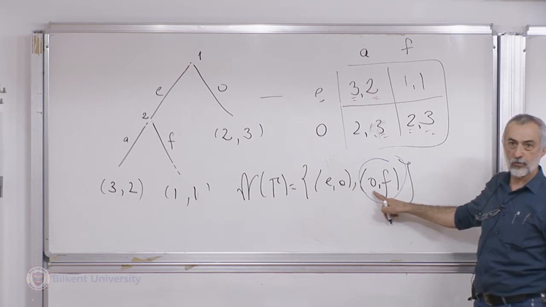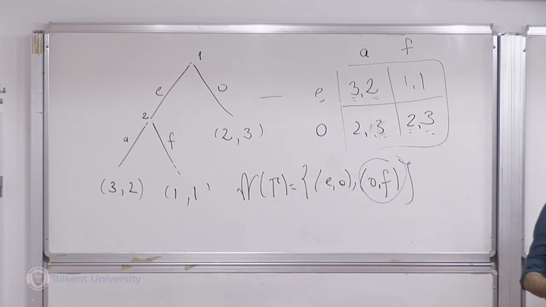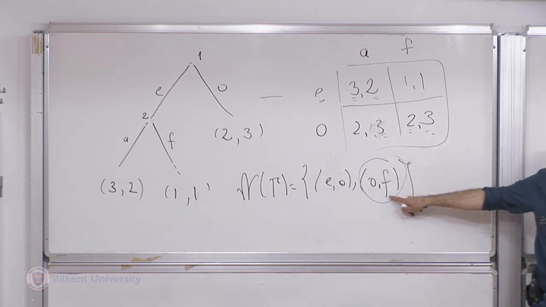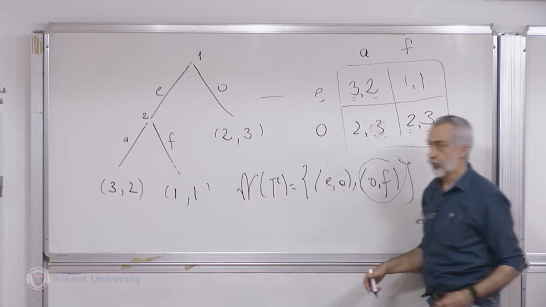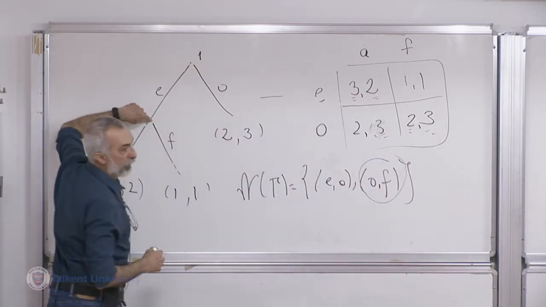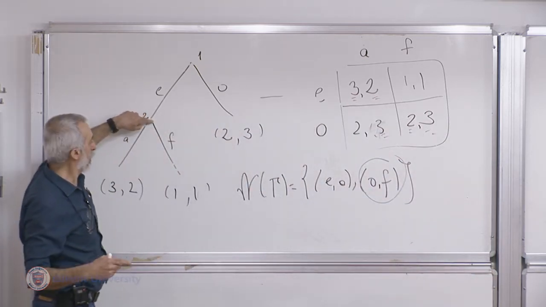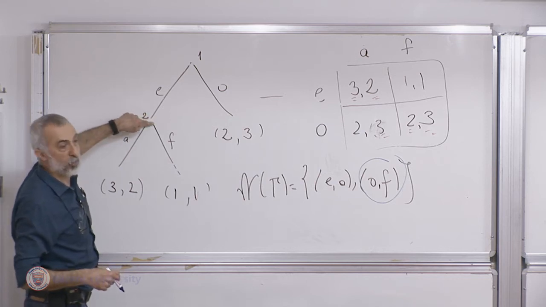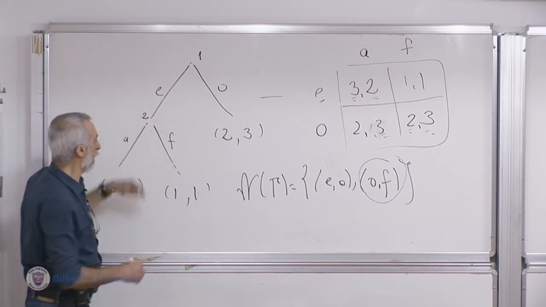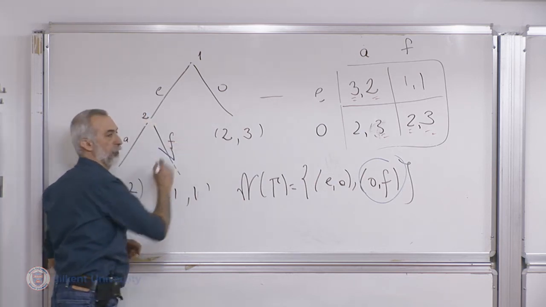Firm 1's plan is to stay out when the market opens. Firm 2's plan of action is fight if firm 1 enters. So the plan of action of firm 2 is, if this history happens, if this state is realized, fight.